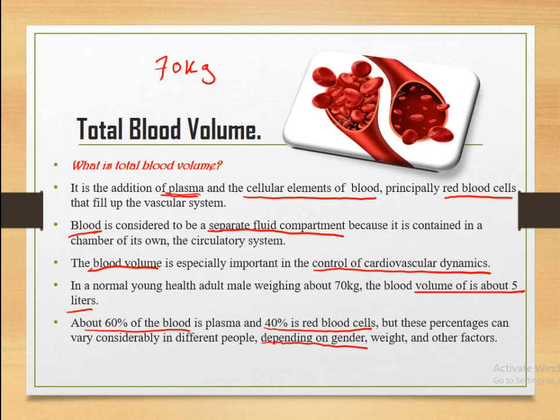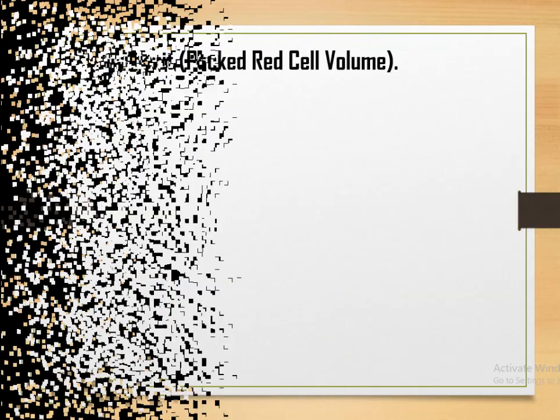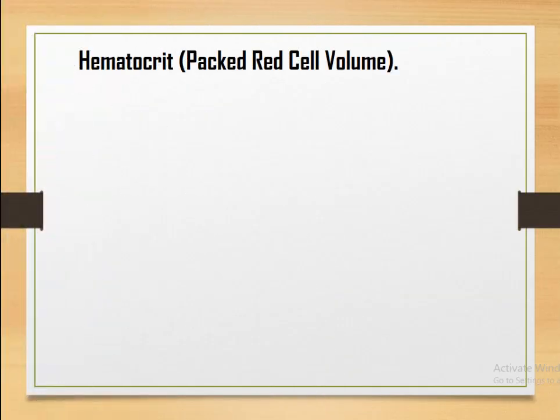Now we are saying that blood is made up of 60% plasma, and it is also made up of 40% red blood cells. Now let's quickly discuss something that is very important when you are analyzing the blood of a human being.